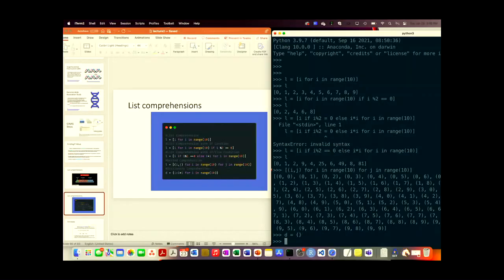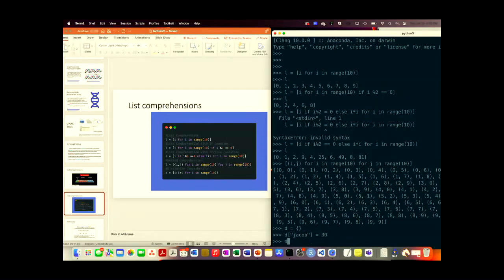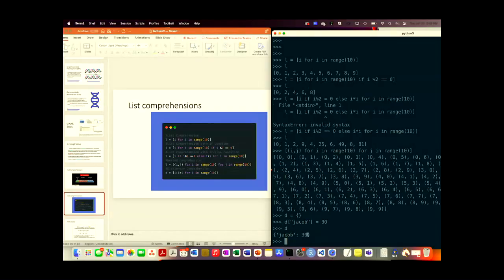A Python dictionary is Python's super efficient implementation of a hash map, which is just key value pairs. So I can say in my dictionary, the value of Jacob is my age. Then I can look at my dictionary, and it's a key value pair.